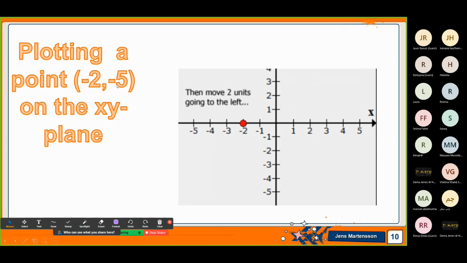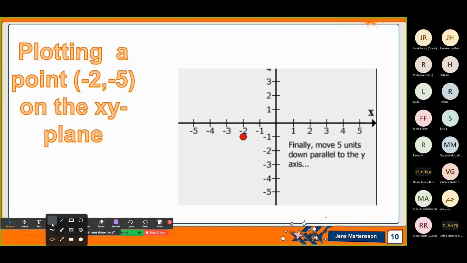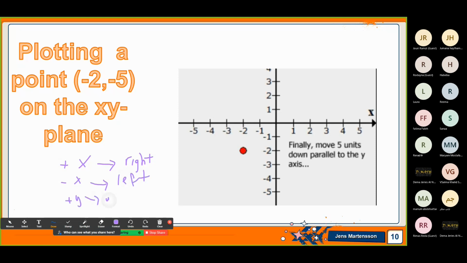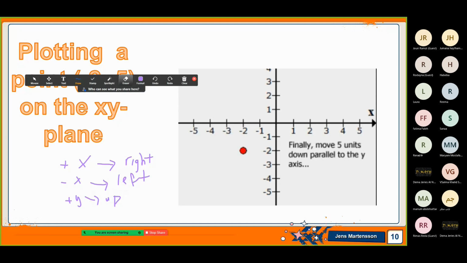Then, since 5 is negative, I have to go down. So the rule is, if x is positive, I have to go to the right. If x is negative, I have to go to the left. If y is positive, I have to go up. And if y is negative, I have to go down.